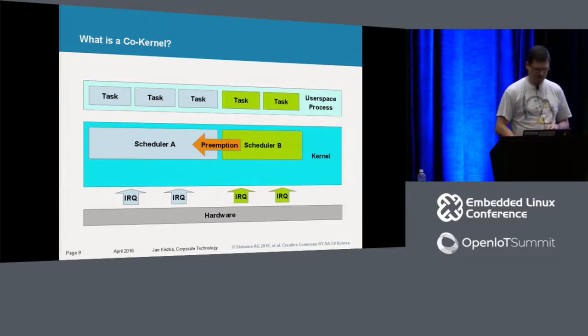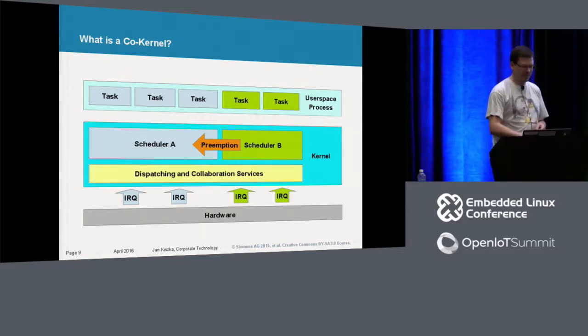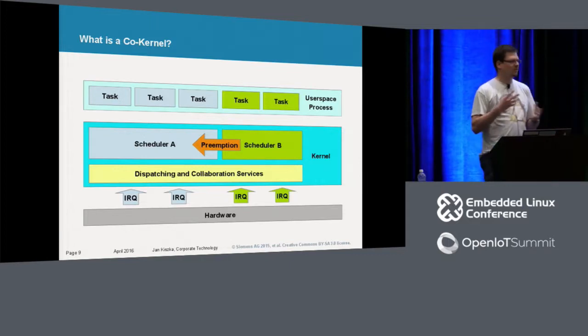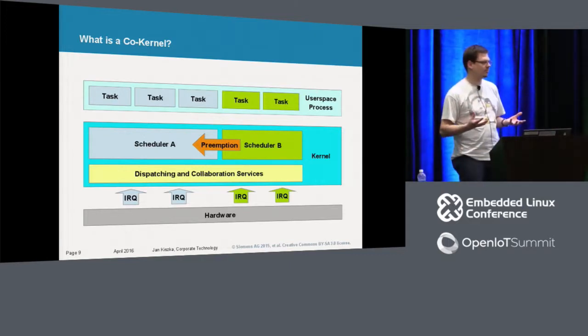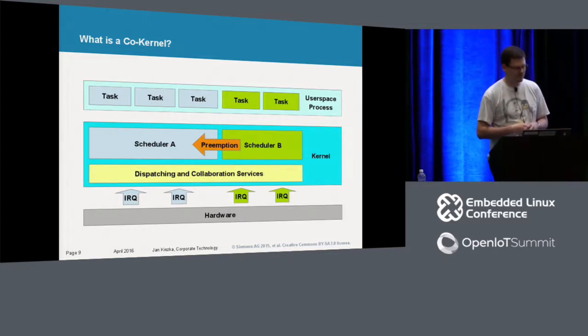And all this in the same thing. So obviously, if you run these two kernels or these two schedulers in one kernel talking to the same hardware, you need some kind of dispatching and collaborative management layer underneath. This is also part of these co-kernel approaches: you have to dispatch something underneath and coordinate how the hardware is being used at the same time.